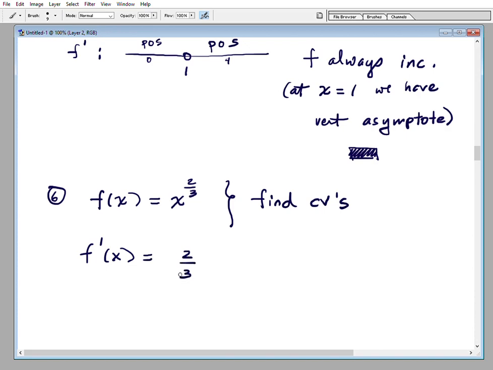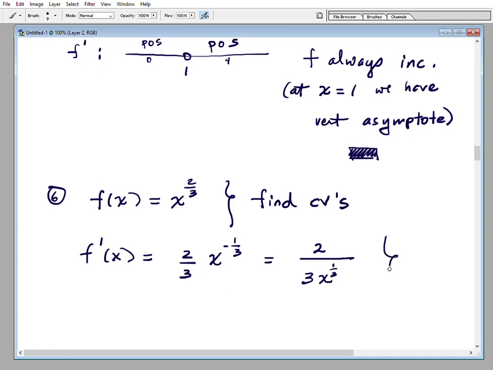2/3, and 2/3 minus 3/3, subtract 1, 2/3 minus 3/3, you have minus 1/3. Let's write it like this. Okay, like that. All right.